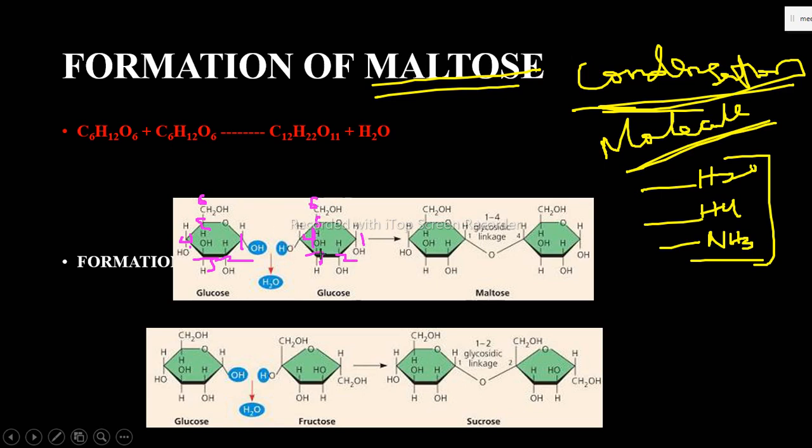So the OH on carbon number 4 in one glucose molecule and the OH on carbon number 1 in another glucose molecule, they will approach each other. And because oxygen, like I told you, has lone pairs to donate to one hydrogen to form water, which is now lost, when it is lost, then it will form this.